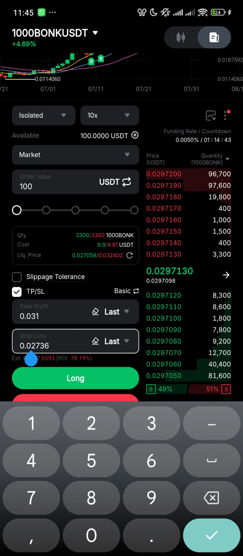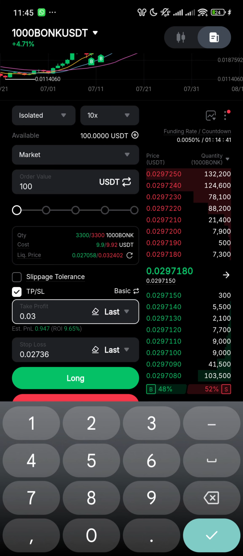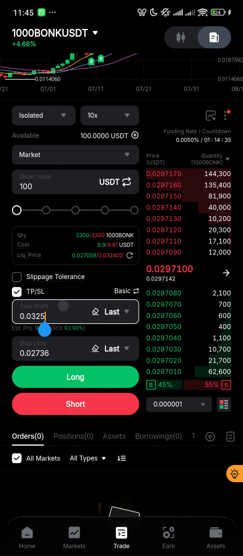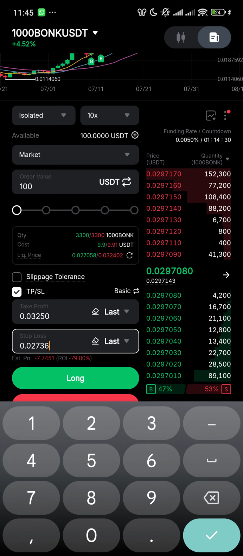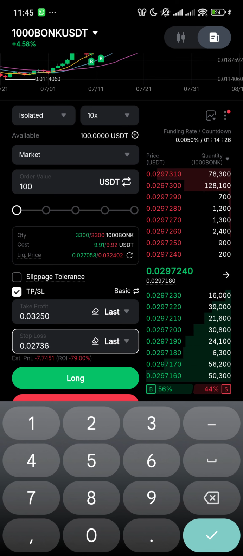But if I come here to 250, I'm making $9 while I'm losing $7. If that's okay by you, fine. But this is more like 1:1, a little bit above 1:1, let's say 1:1.1.